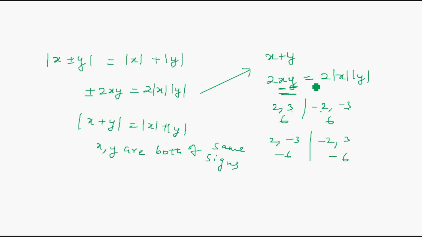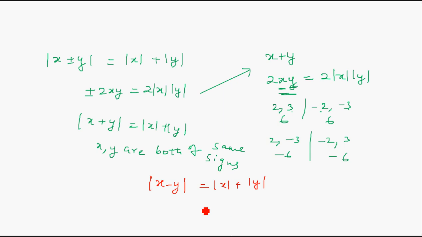So that I have explained here. 2xy equals 2|x||y| is only true when xy and |x||y| are of the same sign, otherwise it is not true. And when will this condition be correct? |x minus y| equals |x| + |y|.